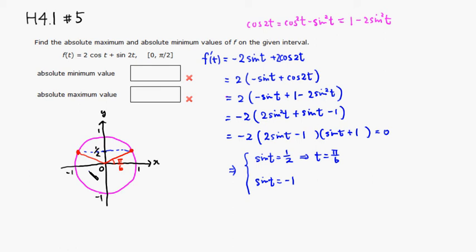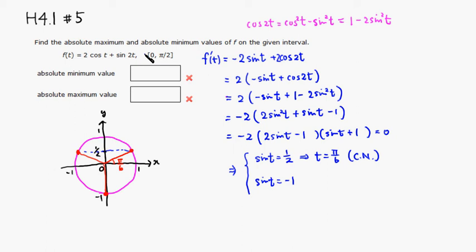Also, sine equal to negative 1 means the y-coordinate is negative 1, which is just that point, but you can see that this angle is way too big. It's not in the interval, so it's not going to give us a useful critical number. So this is the only critical number on this interval.